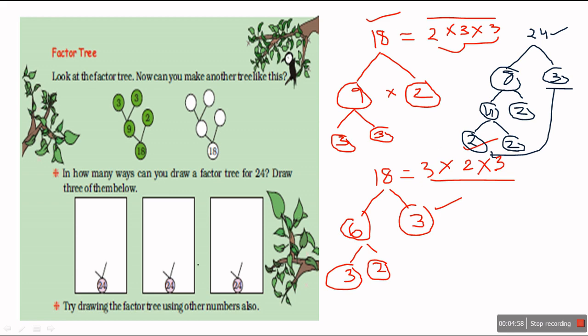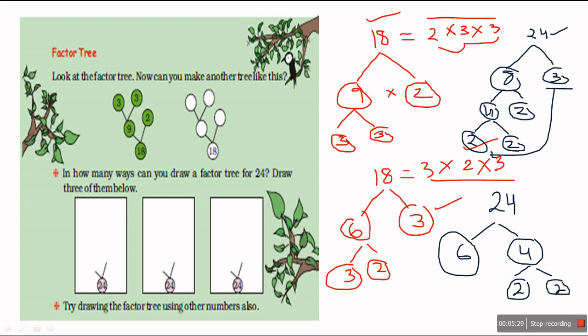Okay, so we can have another way of making a factor tree for 24. What can that be? 24. 6 times 4 is 24. You know that 6 times 4 is 24. So 2 times 2 is 4. And 3 times 2 is 6.